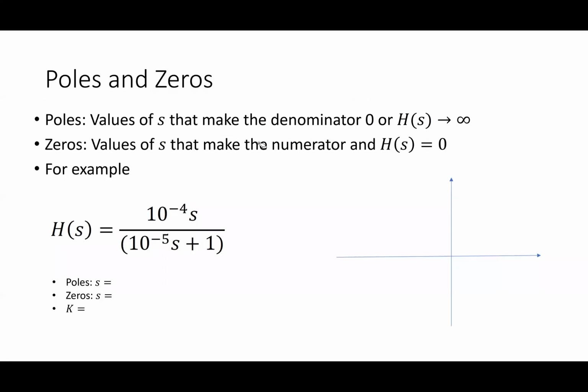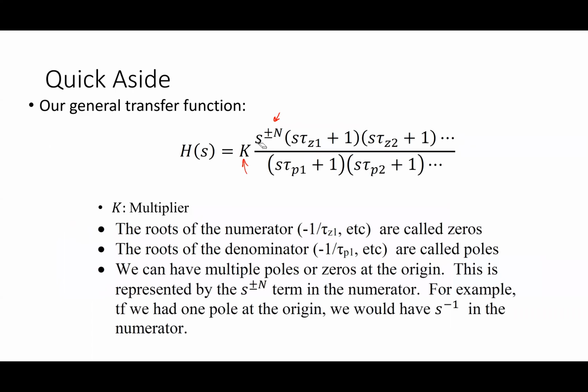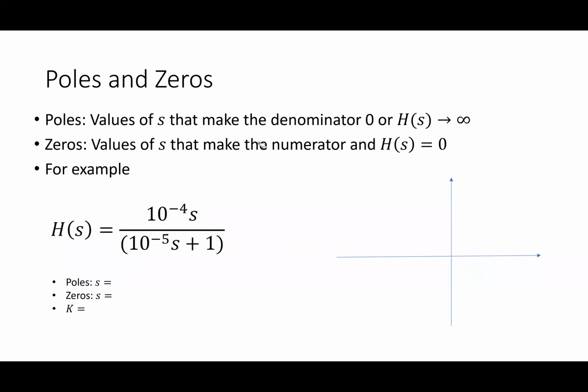So let's take a look at an example transfer function. I've got 10 to the minus 4 s over 10 to the minus 5 s plus 1. I want to define what the k value is, in that general form: what's the multiplier and where are the poles and zeros? Looking at this, what value of s makes the denominator equal to 0?